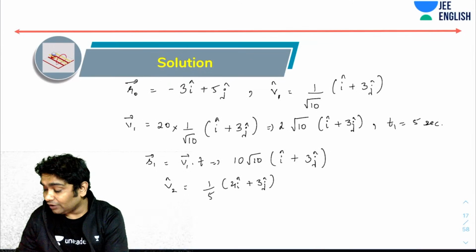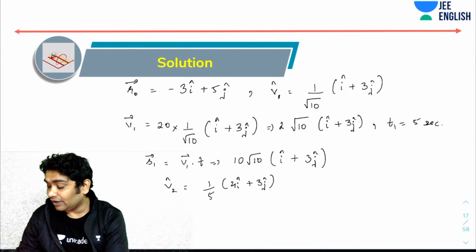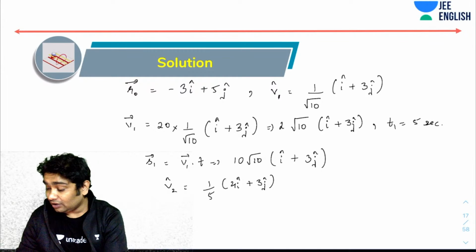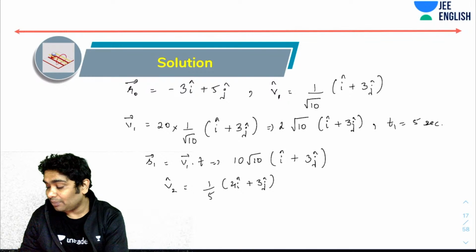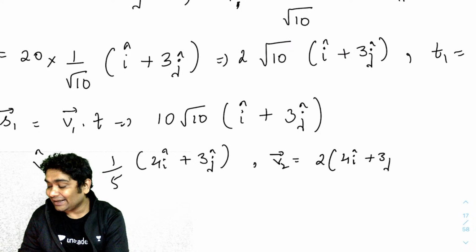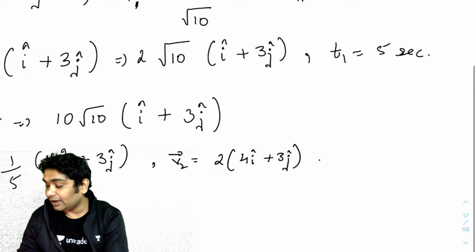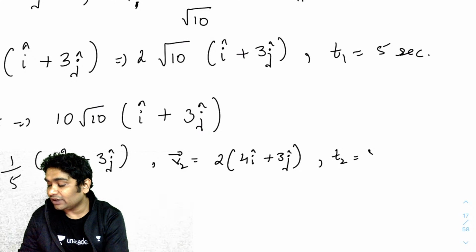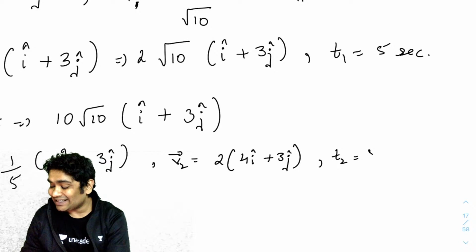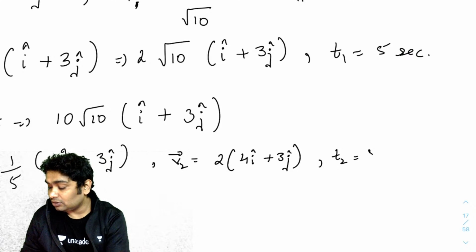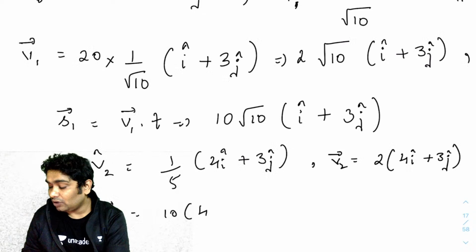So the v2 vector would be 10 times this unit vector, that is 2 times (4 i cap + 3 j cap), and t2 is also 5 seconds. So the displacement S2 vector would be 5 times this, so 10 times (4 i cap + 3 j cap).